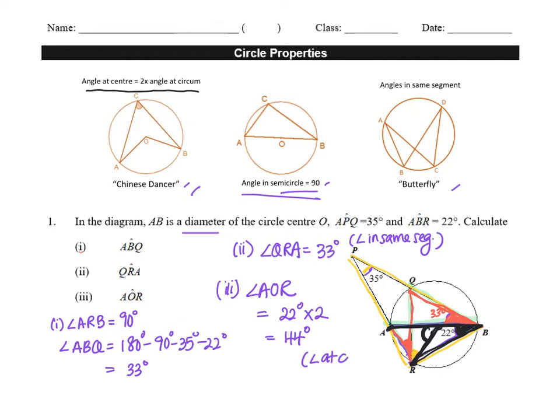Angle at center is 2 times angle at circumference. Have you gotten your answer? We'll move on to the next part to explore more properties of the circle, and we'll come back to this worksheet a bit later.